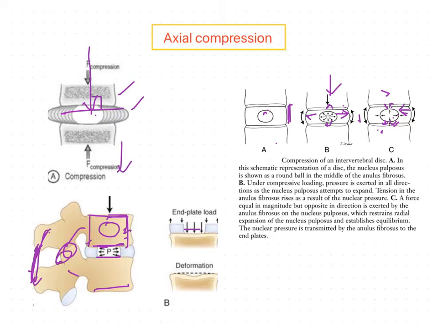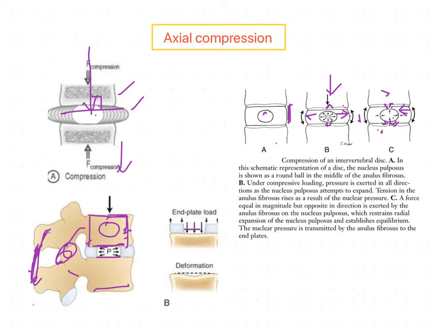So whenever high compressive loading occurs, the first part of the mobile segment to fail is the end plates, where fracture is obtained at the end plates of the vertebral bodies, and at last the vertebral discs rupture. So this is what happens during axial compression.